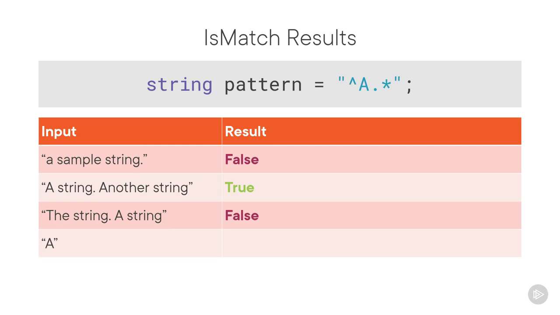This string does not match because it starts with an uppercase letter T. And while there is an uppercase letter A later in the string, our pattern specifically required to match at the beginning of the string. A single uppercase letter A also matches because we use the star token to require 0 or more characters after the first letter.